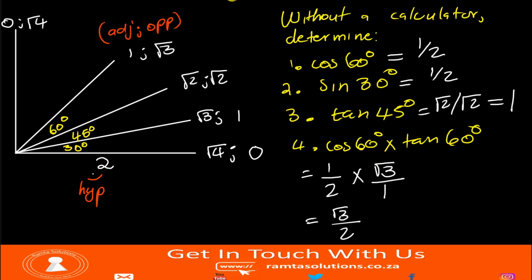Now, I'm going to try a different one, which is not for grade 10. It's for grade 11 and above, simply because grade 10s are not dealing with surds as yet. So let's try one last example.